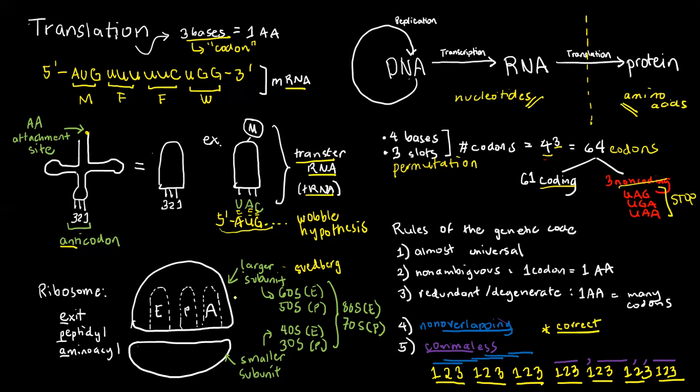We enter the A site first, then the process proceeds to the left: from A, we go to P, and then to E. This is opposite of what we did in the previous recordings, where we always went from left to right.